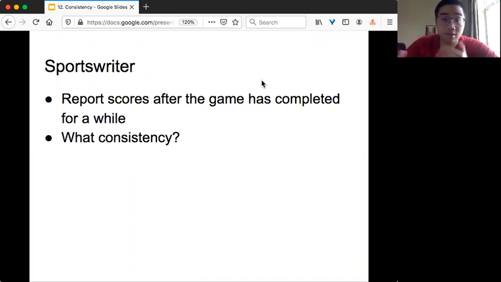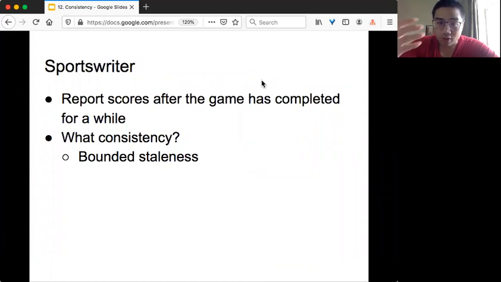Then what consistency model will suffice for this application? And then, yeah, similar to the radio broadcaster case, he or she only needs the bounded staleness, especially if he or she knows that the game has already completed for a very long time.